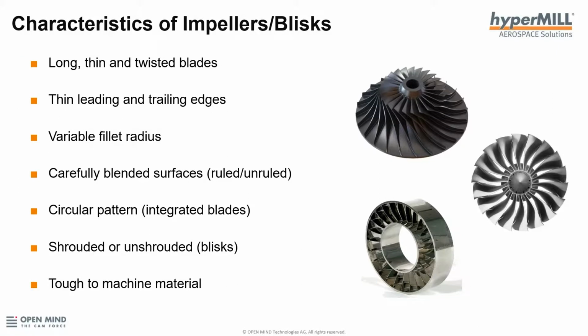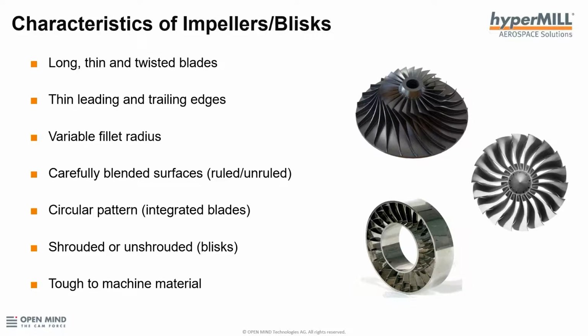Now let's talk about some characteristics of impellers and blisks, what we also call multi-blades. So usually turbomachinery components have some very unique features and characteristics. The aerodynamic performance of these components can be majorly affected even when minor changes are made to these components.